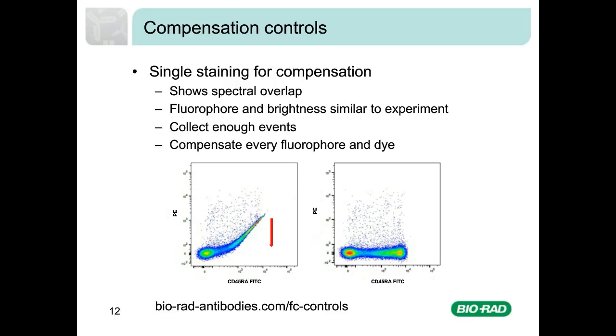Firstly, the fluorophore needs to be the same and its brightness similar to the one used in your experiment. You also need to collect enough events to accurately apply the compensation and be statistically significant. Finally, each fluorophore should be compensated against every other fluorophore used. Therefore, single stains will be required for every fluorophore used.